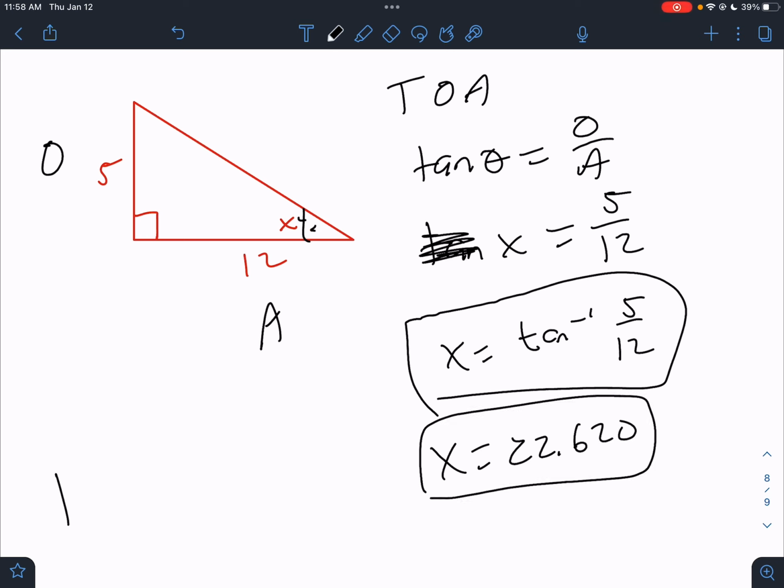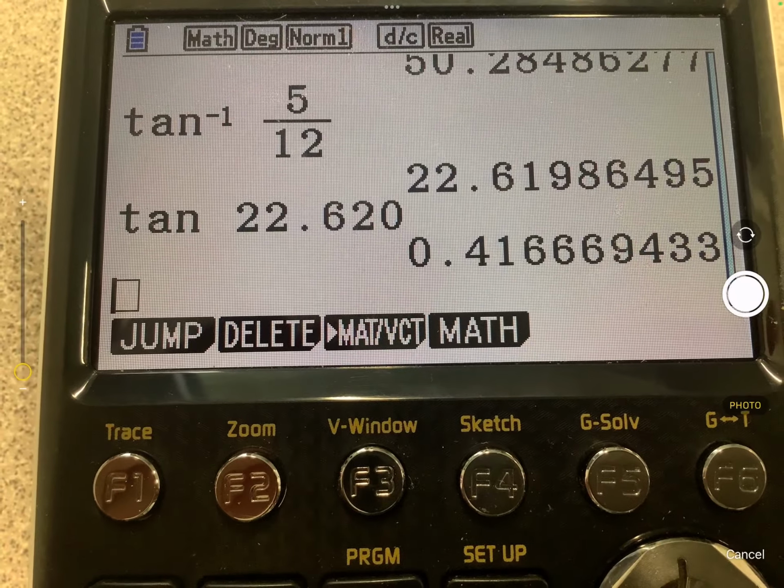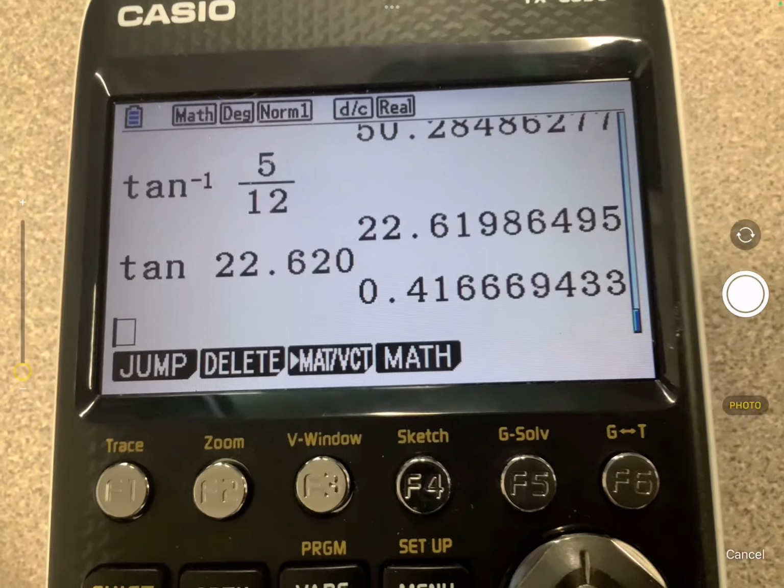Again, if you type in the tangent of 22.620, let's just do that real quick. If I type that in, let's look at it. Tangent of 22.620. Look at that. Well, what is 5 divided by 12?